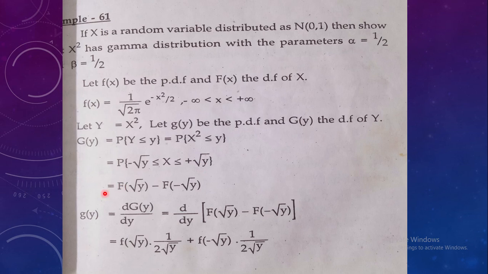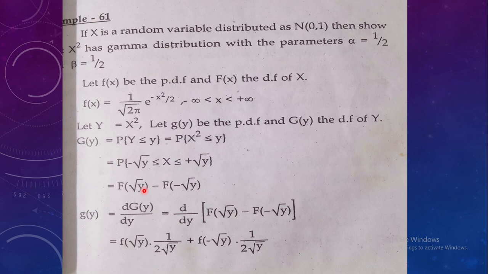Is this thing familiar to you? Yes, it is capital F of root y minus capital F of minus root y. Now this is in the form of the distribution function.